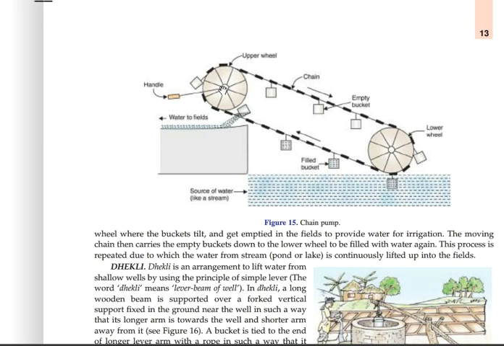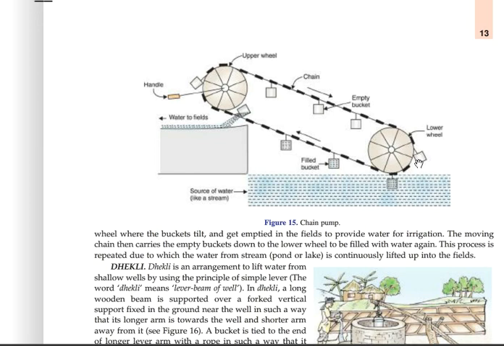The one axle which is located here is connected to a handle. By rotating this handle, it rotates the overall system in this way, as shown by the arrow, and here is a water reservoir or source available.